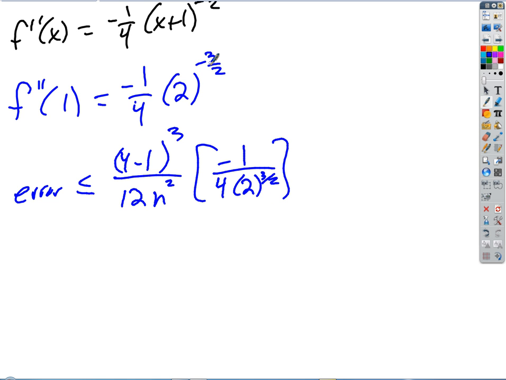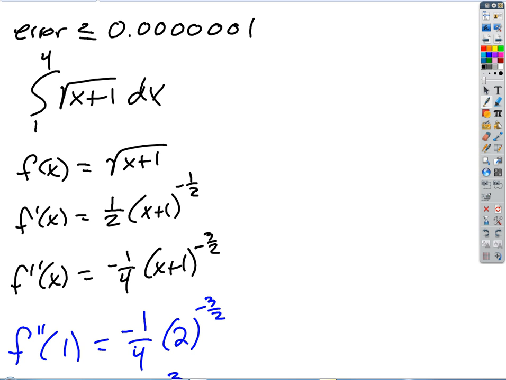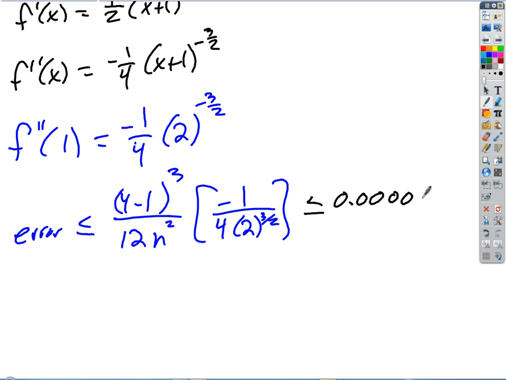Yeah. Right? And we want that to be less than or equal to that ridiculously small tolerance I gave you, right? That has to be less than or equal to 0.00, how many zeros did I have? I forget. 6 zeros? Oh my goodness. Wow, that's going to be 10 million.